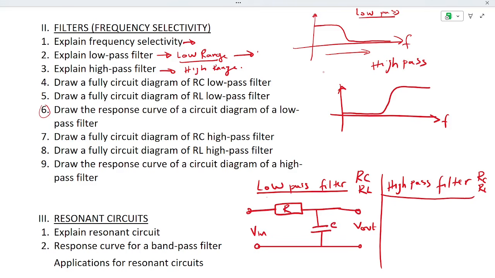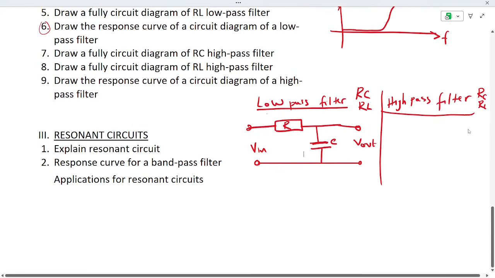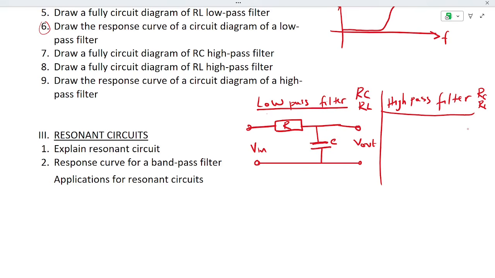That is your RC low pass filter. So in case you are asked to draw a circuit diagram showing a low pass RC filter, you're going to have something that looks like this. Your input is through the resistor and your output is connected across the capacitor.